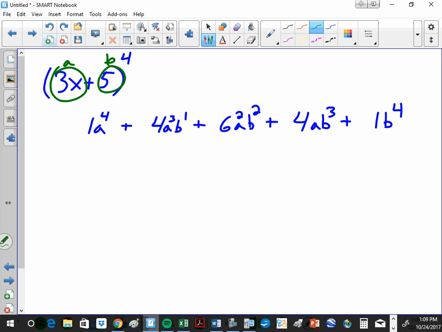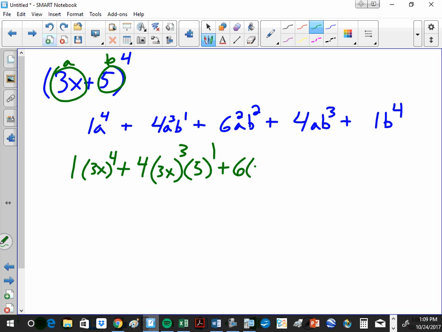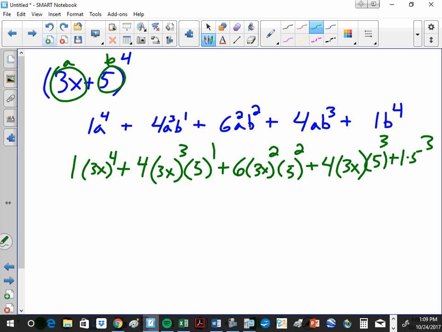So 1 times 3x to the 4th, plus 4 times 3x to the 3rd times 5 to the 1st, plus 6 times 3x squared times 5 squared, plus 4 times 3x times 5 to the 3rd, plus 1 times 5 to the 4th. Does that make sense? And then we just go through and simplify.